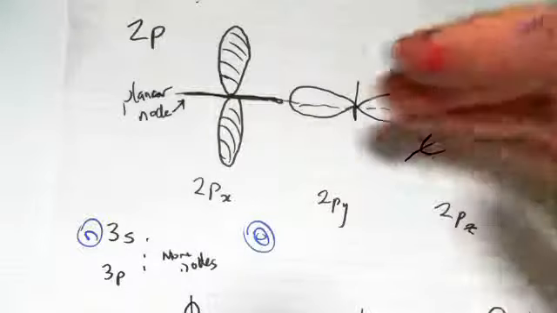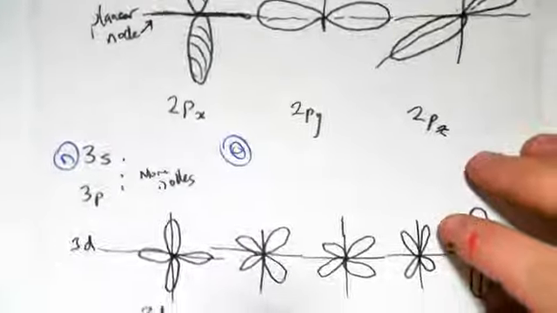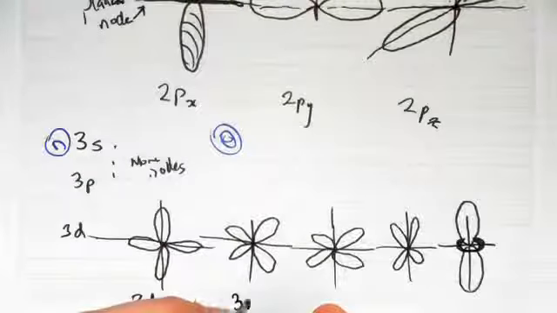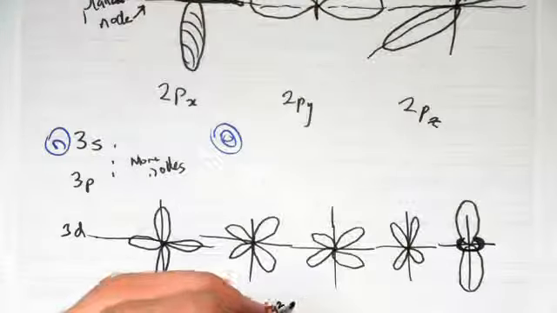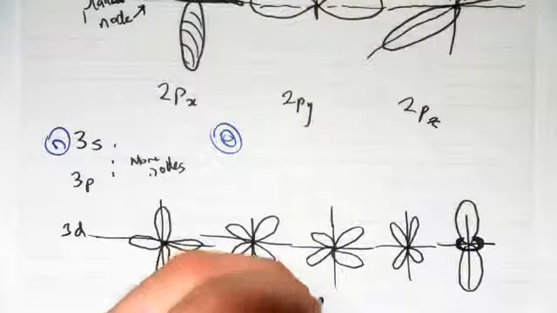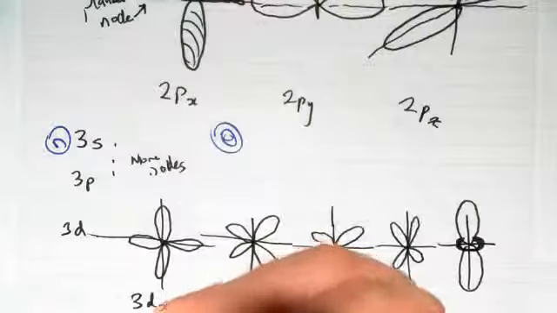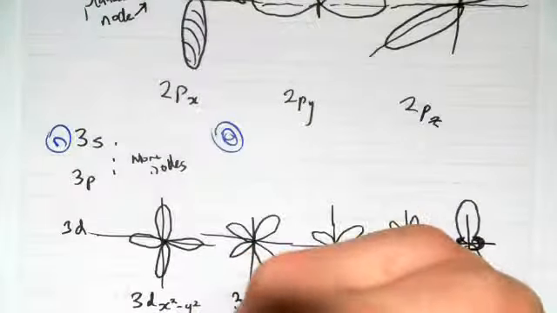You can also have 3p orbitals, which have some extra nodes, but then one last class of orbitals I want to mention is the d orbitals. You actually have 5 different types of d orbitals. 4 of them look like stars, like two perpendicular p orbitals, almost, and they are the 3dx squared minus y squared, 3dxy, 3dxz, 3dyz, and then the 3dz squared.